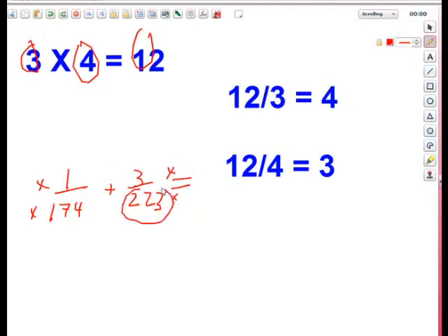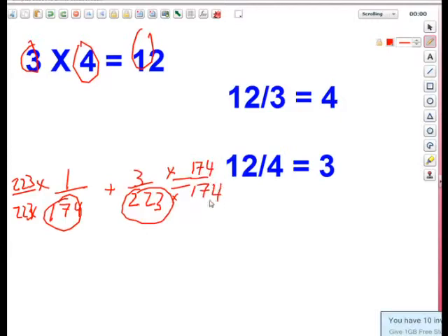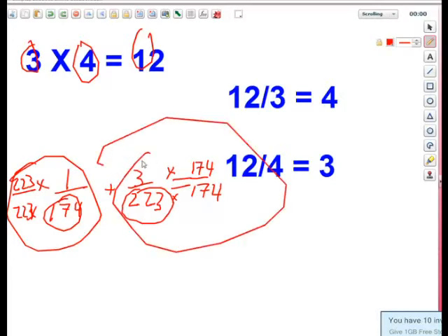We're going to multiply the first one by 223 over 223. We're going to multiply the second one by 174 over 174. We take out our trusty calculator and we have no problem at all finding out what the answer to that is.